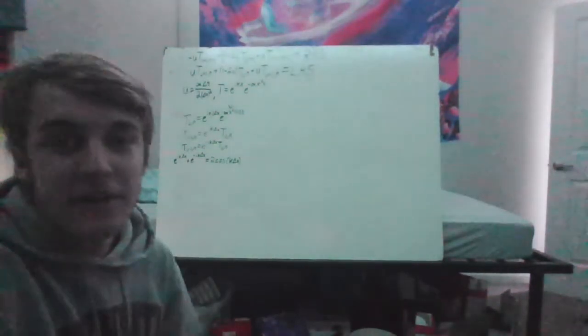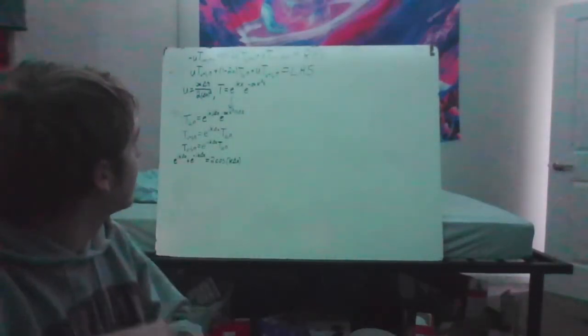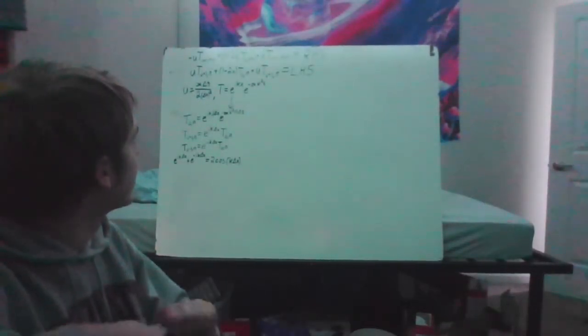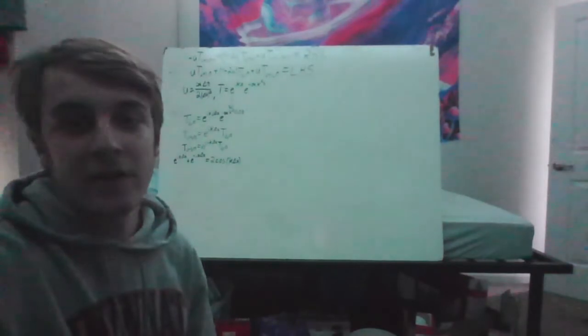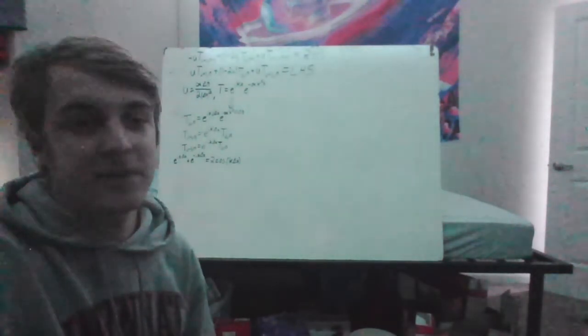So now what we're going to want to do is get the left-hand side in terms of T_j^{n+1}, and then get the right-hand side in terms of T_{j,n}.